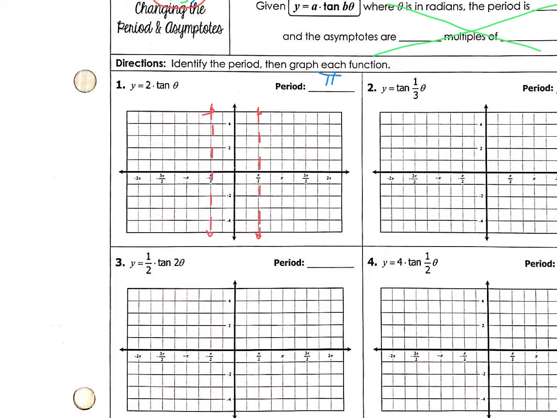And then my point directly in the center on the x-axis, and then a curve from the right down to the left, and that's it. So y equals 2 tangent of theta looks no different than y equals tangent of theta, because this 2 here really has no effect on the graph.